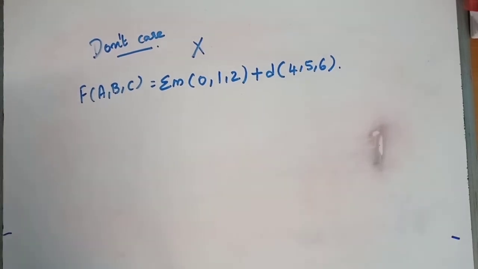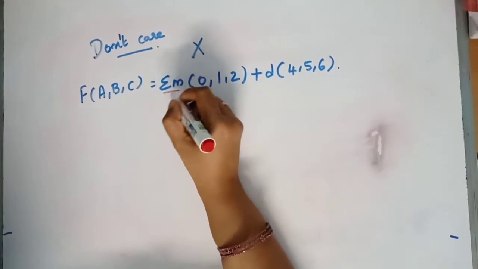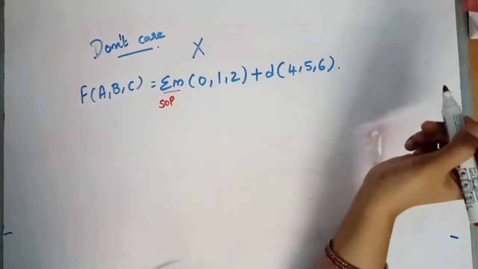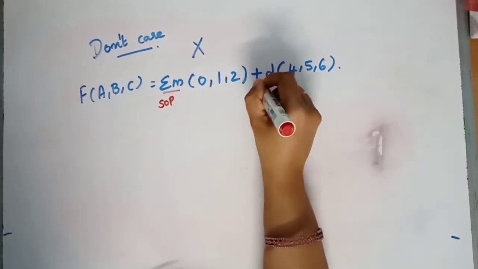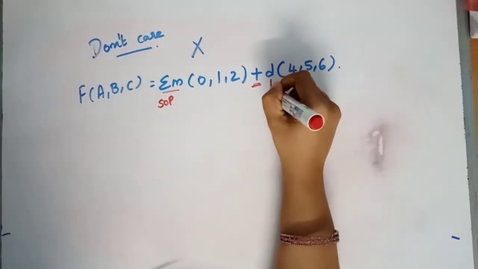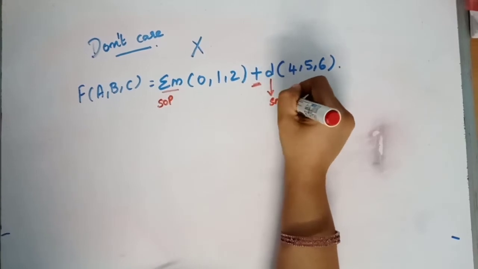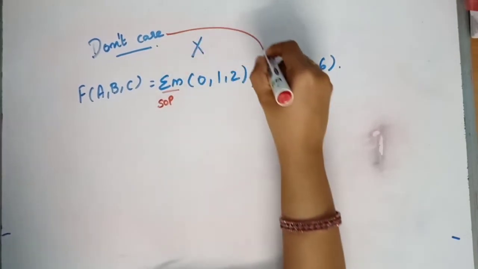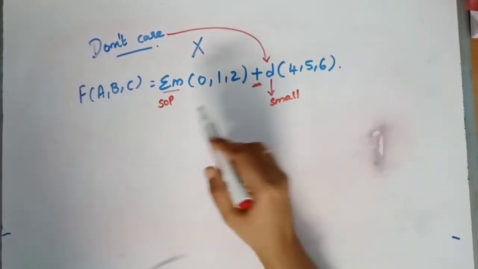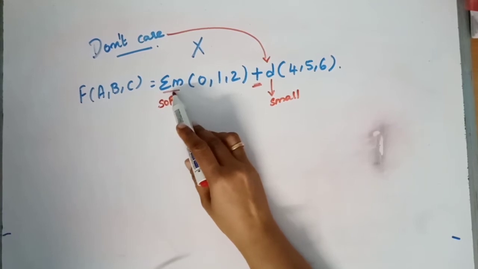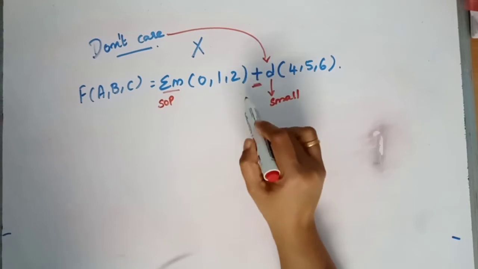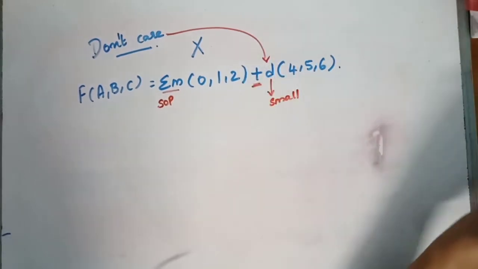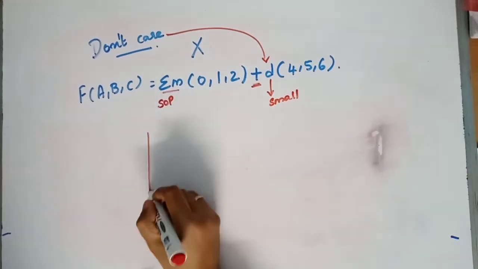Okay, so here what you should know is sigma m notates that this is an SOP, and if it's an SOP then here the plus sign should come, and this D should be small letter, and that indicates the don't care. So in SOP, if it is sigma m and not pi m, here you should have plus and small d.